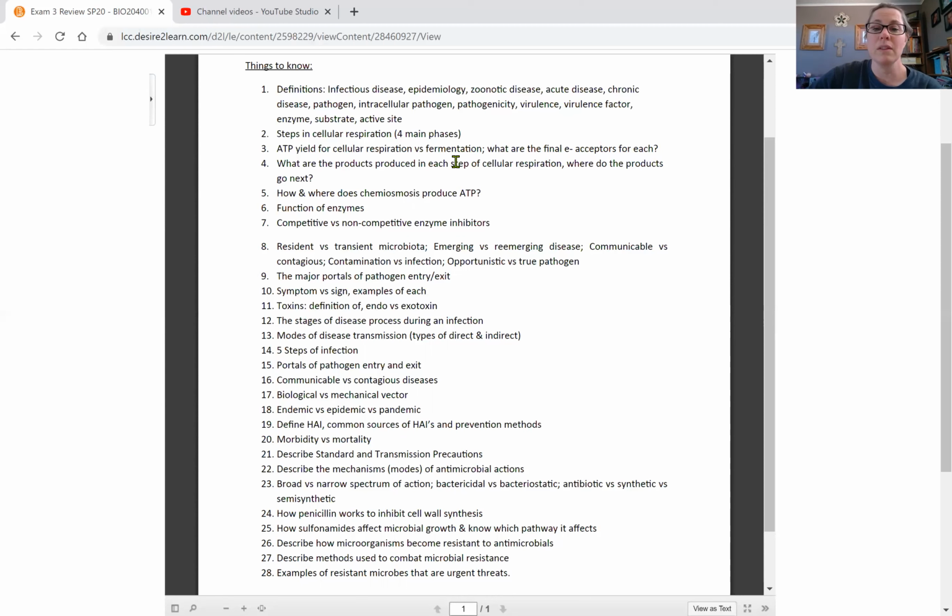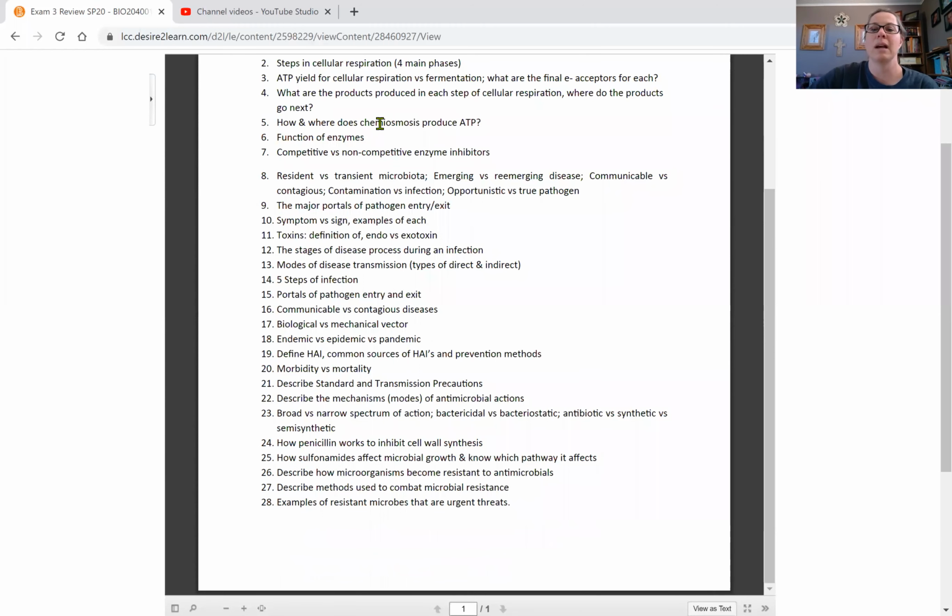So the products of glycolysis, they go on to the next step, or perhaps a step down the road. So make sure you know what those products are and how chemiosmosis produces ATP. Remember, that's part of the electron transport chain, and that's where we're going to get most of our ATP produced. So look over chemiosmosis and how ATP is made using that.